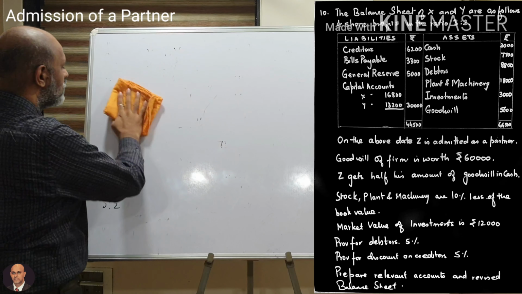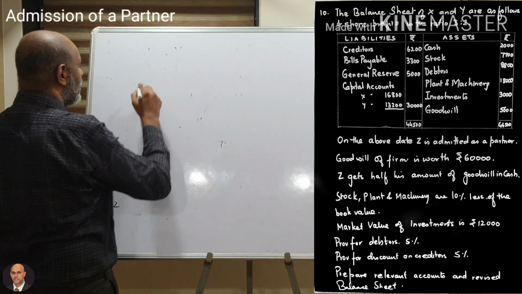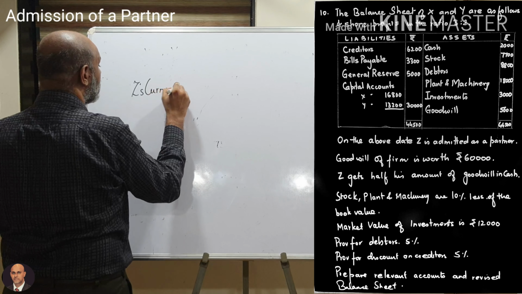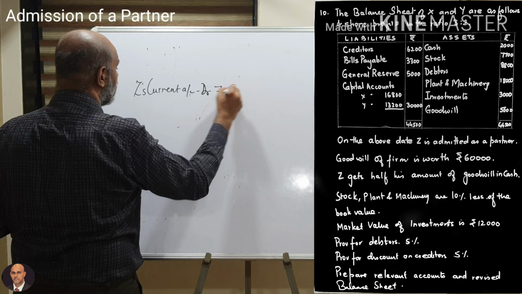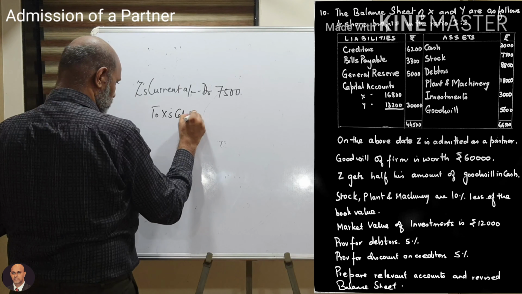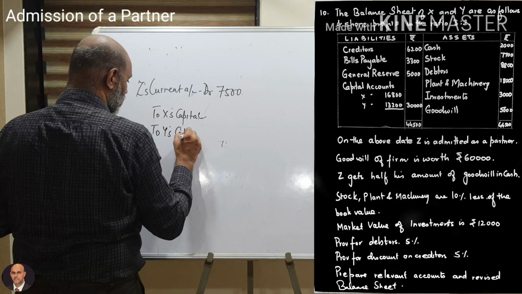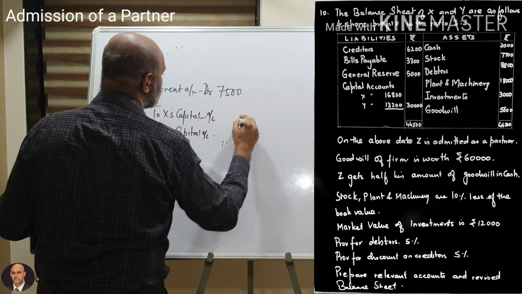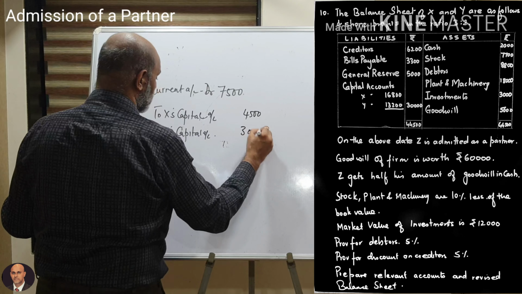Okay, so the entry for that will be Z's current account debit, that will be 7,500, to X's capital, to Y's capital, $4,500 and 3,000.